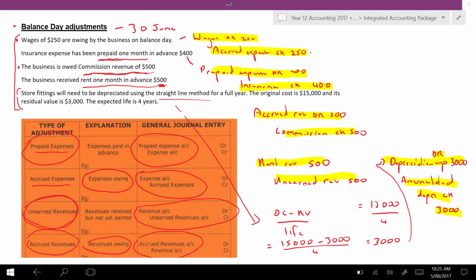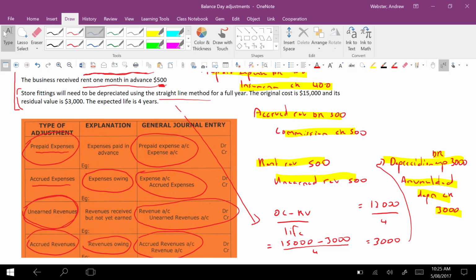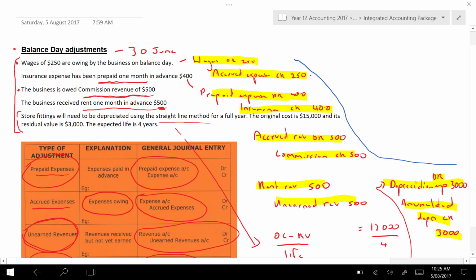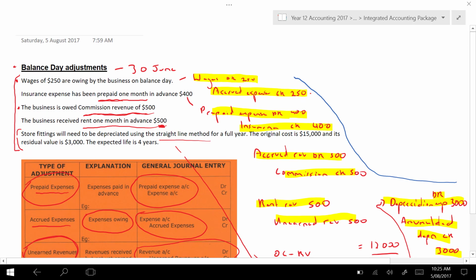Before we process any of these journals in MYOB, I'm just going to put here a little tip for the exam. What you should do to help you with this is just right here, debit the pair. This is going to help us decide if these accounts are either assets or liabilities. So DR, debit, they're assets.